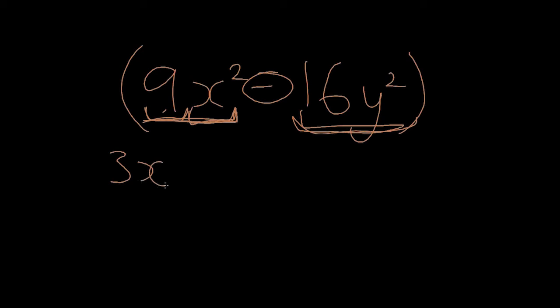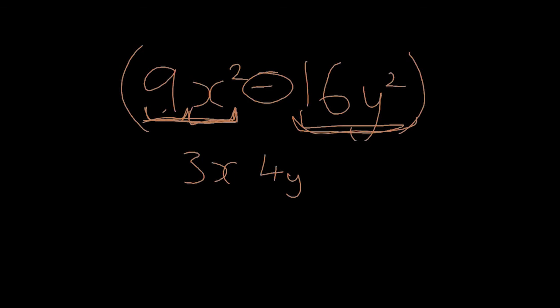So we've got our first one. Our a from before is our 3x in this case. We've got our minus, that's good. What about this side? We have 16. What's going to get us 16? 4 squared will give us 16, and y squared will give us y squared up there. So this is going to be our b from before.